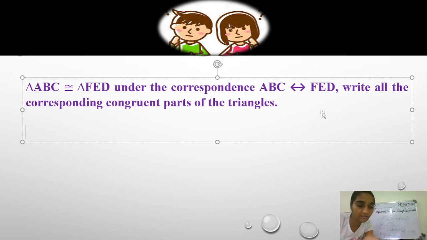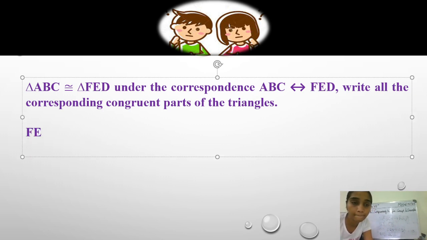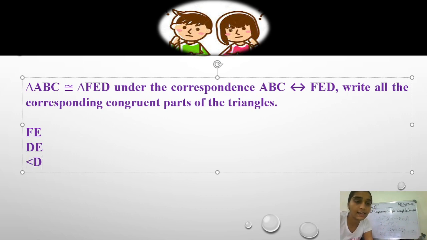So for AB, I have asked you, it is FE. Very good. If I ask you for CB, yes, for CB, you will write DE. And if I ask you for the angle C, yes, it is angle D, and so on, students. You can write the corresponding parts of all of them. Okay, like this only you have to do.